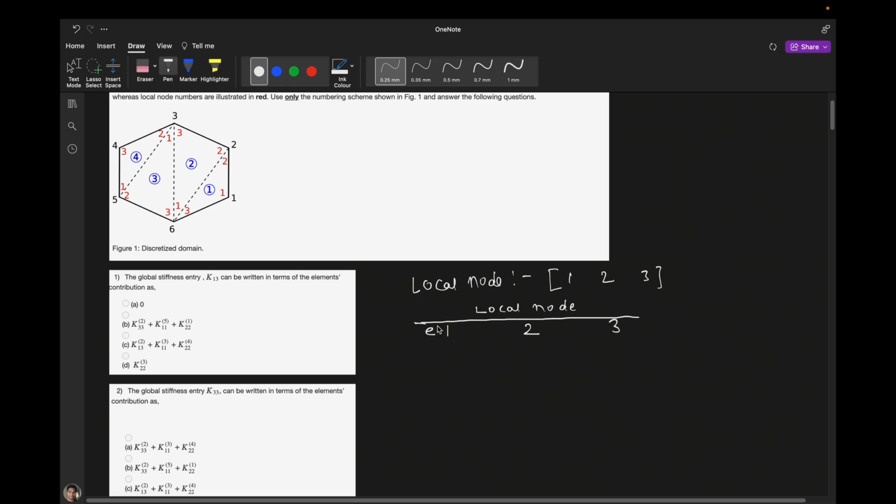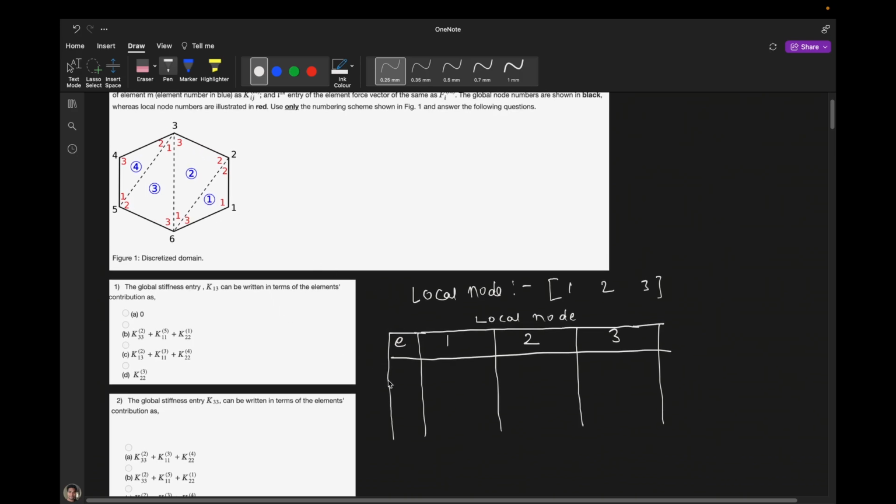And we need to also create the element-wise global nodes, which it has already given.